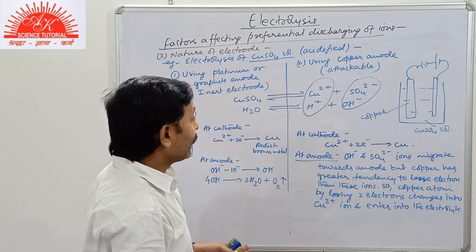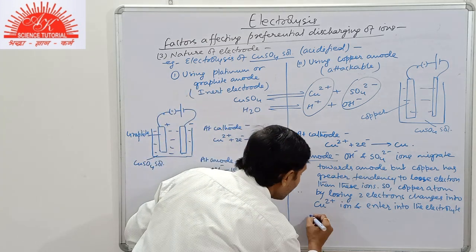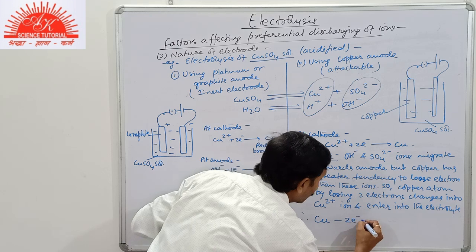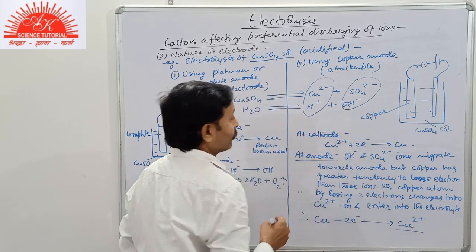So in that case, as I have just written here, it is copper minus 2 electrons gives us Cu2+ ion.